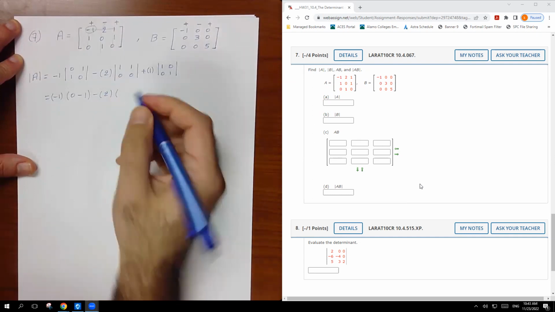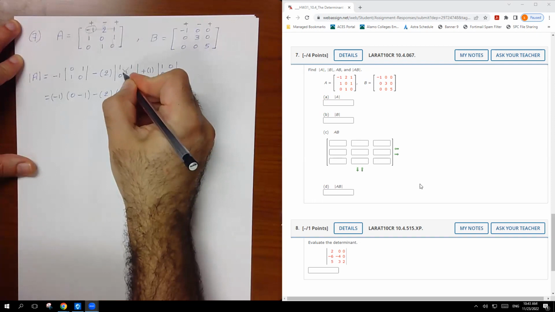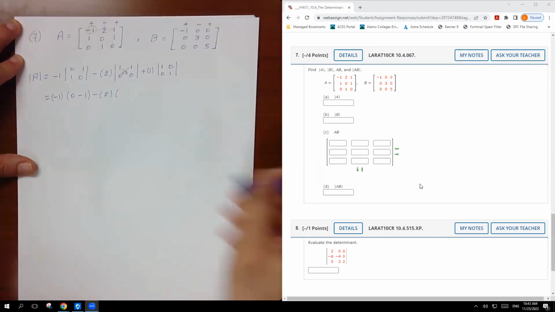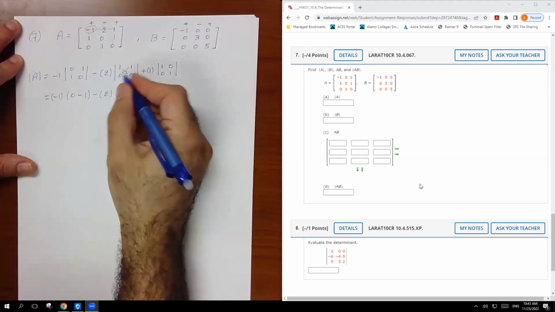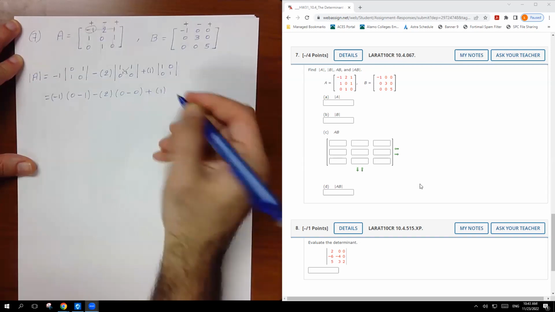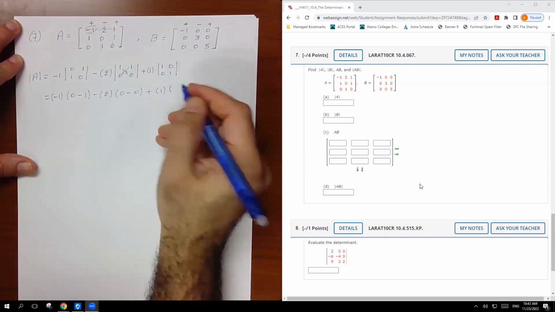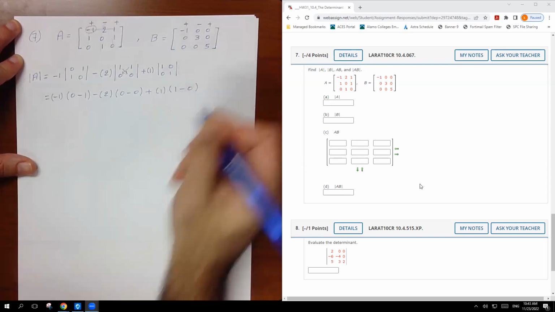Find the determinant here, so it's going to be 1 times 0 and 1 times 0. So 1 times 0 is going to be 0. 1 times 0 is going to be also 0. Plus, here is the 1. 1 times 1 is going to be 1, minus 0 times 0 is going to be 0.